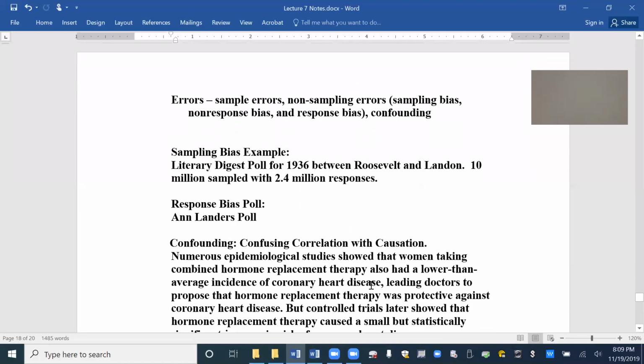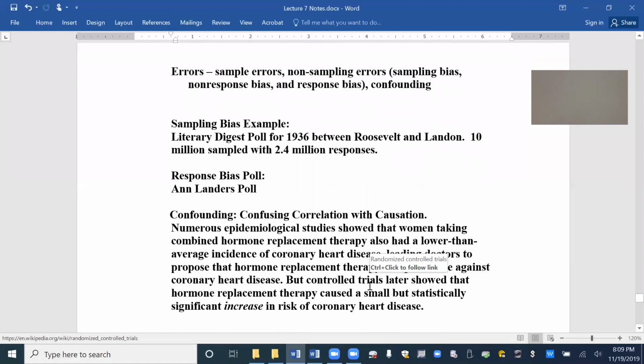Okay, what kind of errors do we have? Random sampling has variability in there: we had variability within the population, so we're going to have variability in the sample. And those sample errors are built into the probability statements we're going to make in the rest of the semester.